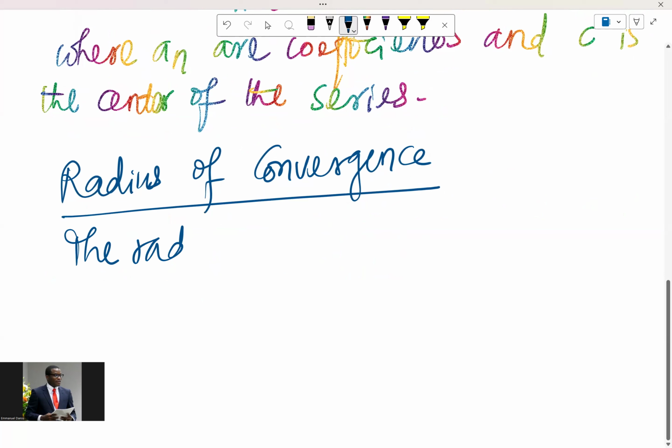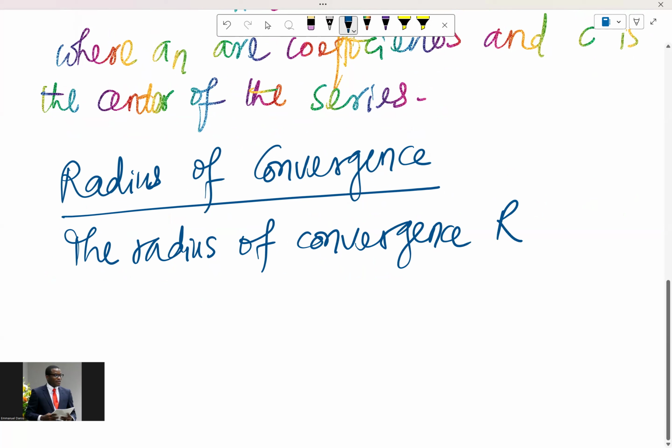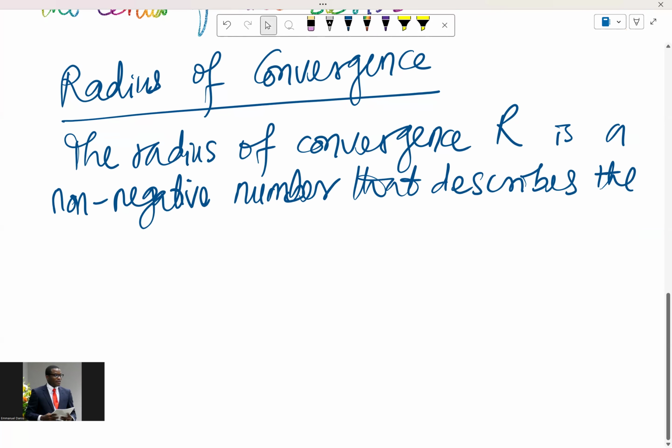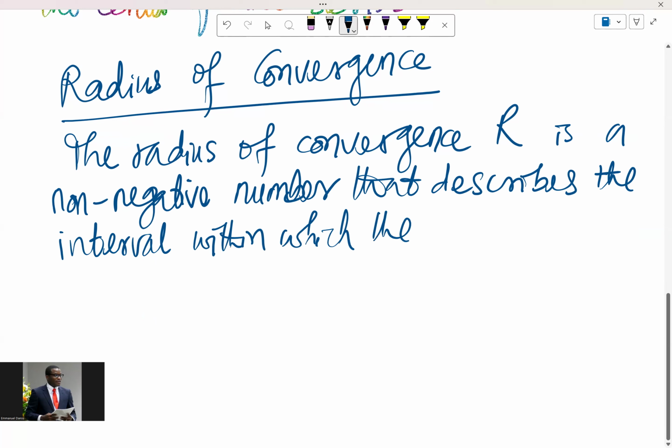So the radius of convergence, R, is a non-negative number that describes the interval within which the power series converges.